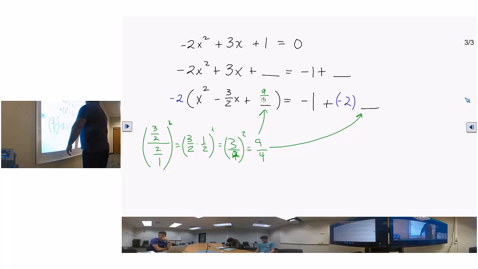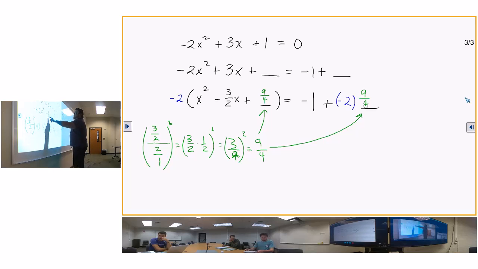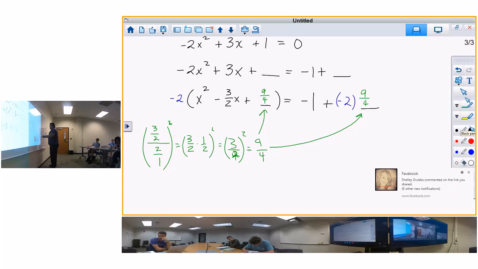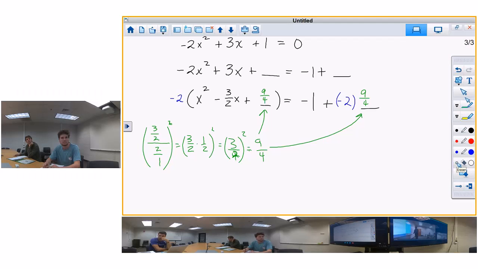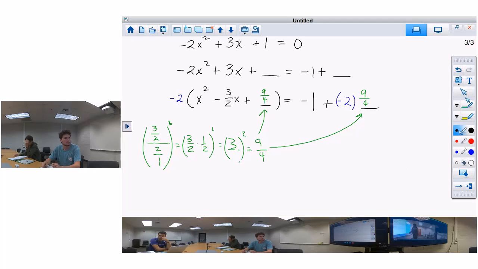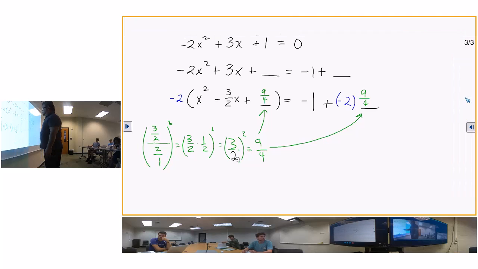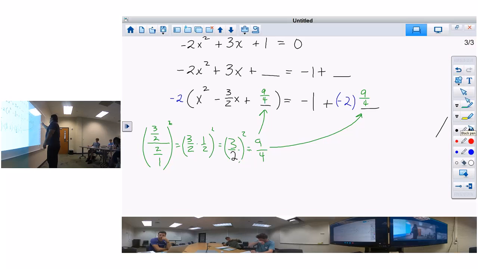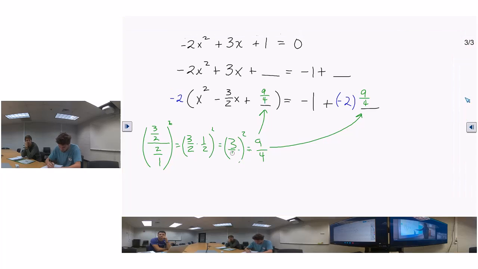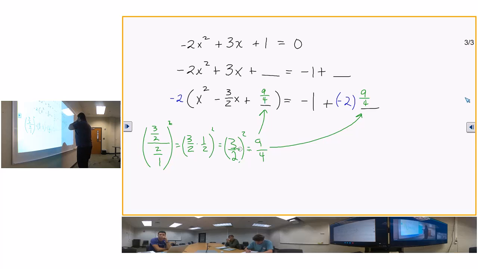So I want you to make sure you highlight this in your notes, because this is how you should do. When you have a fraction here, this is what you should be doing. Unless you're good at it. And if you're good at it, then you get 10 out of 10 problems right. Okay?